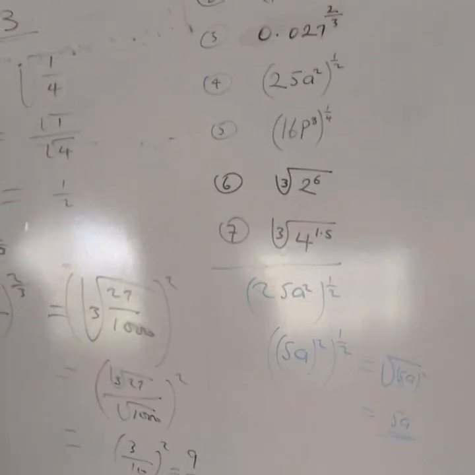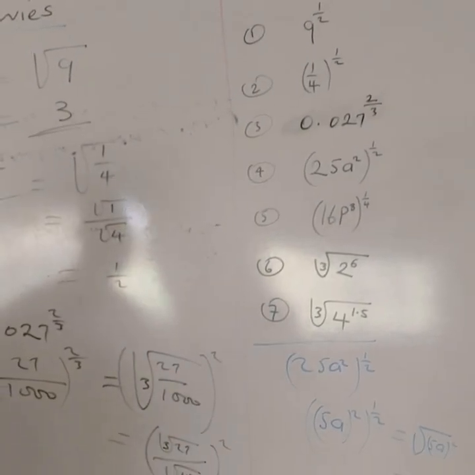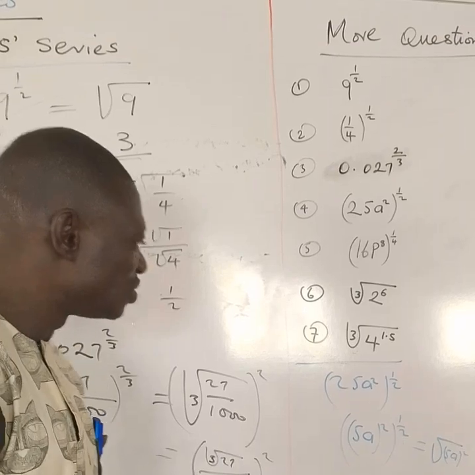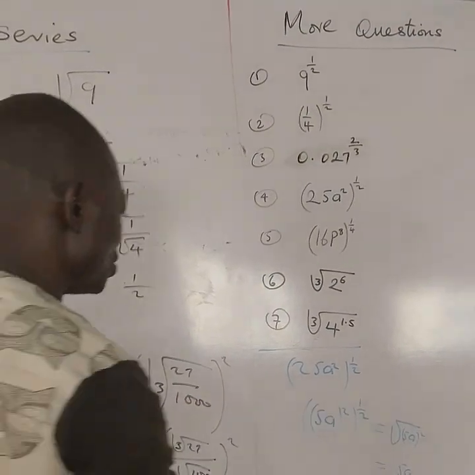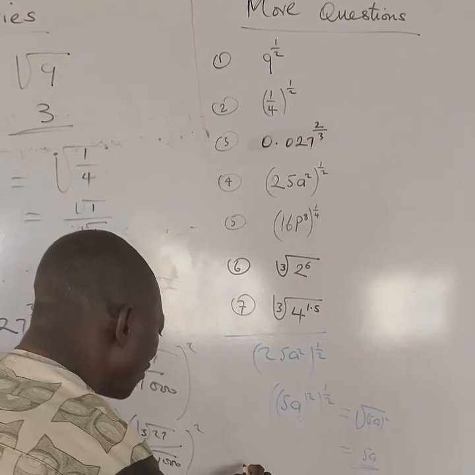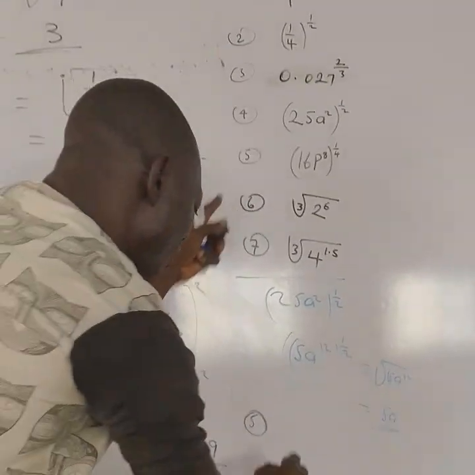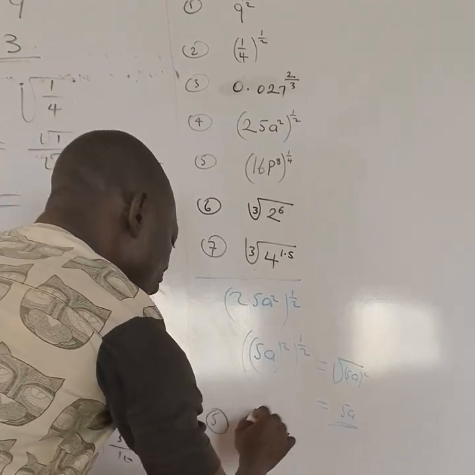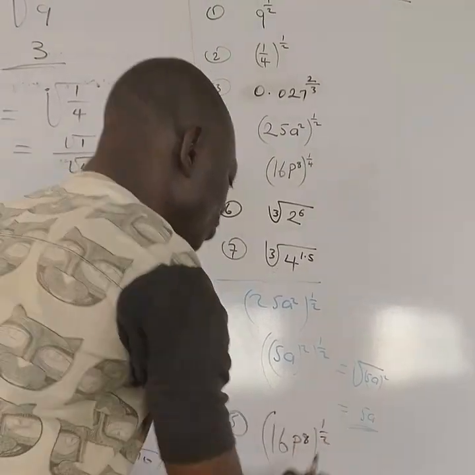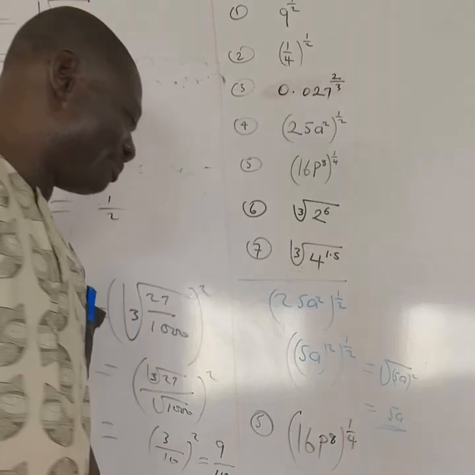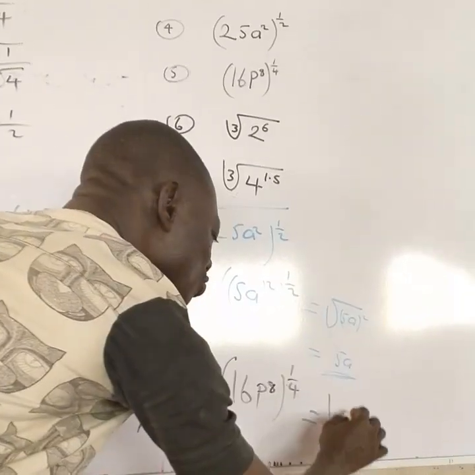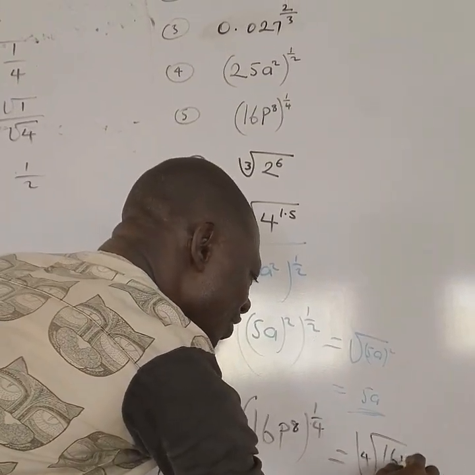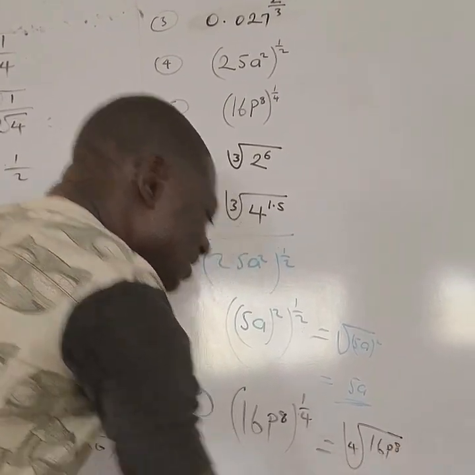More questions now. We have question number 5, where we have fourth root. It is not square root, it is not cube root, but fourth root. So in question number 5 now, what do we have? We have 16p raised to the power 8, all raised to the power 1 over 4. That means we are looking for the fourth root of 16p raised to the power 8.